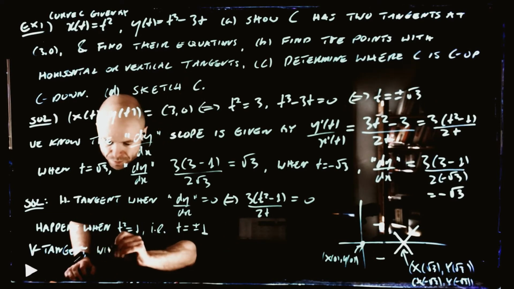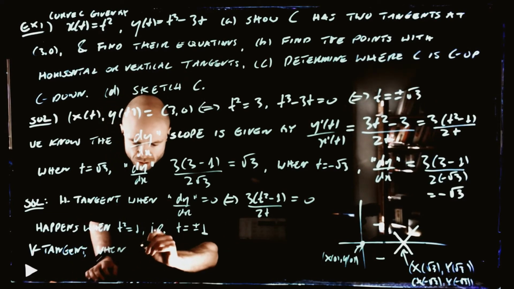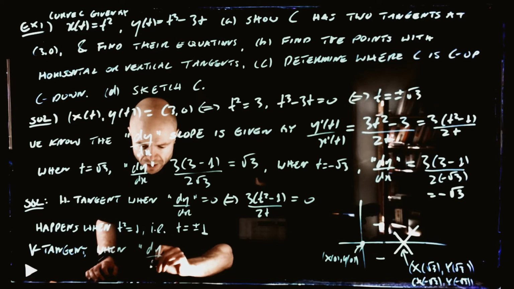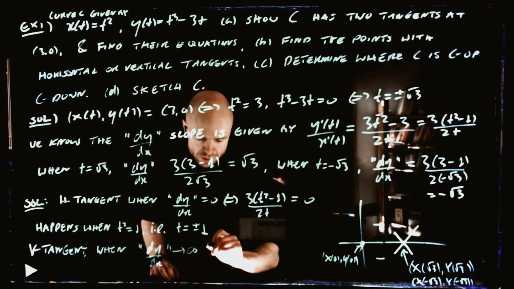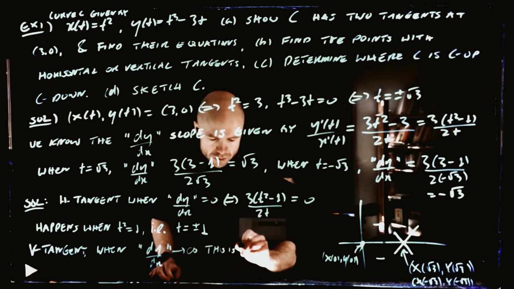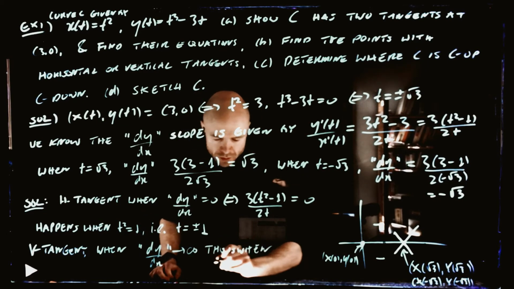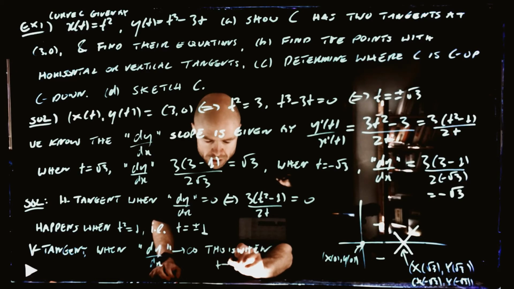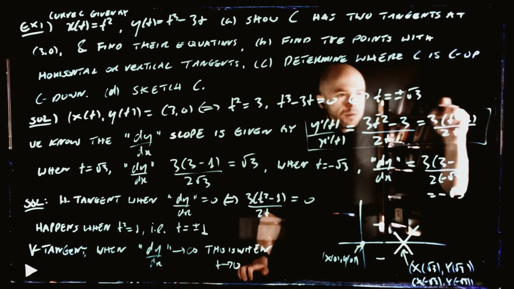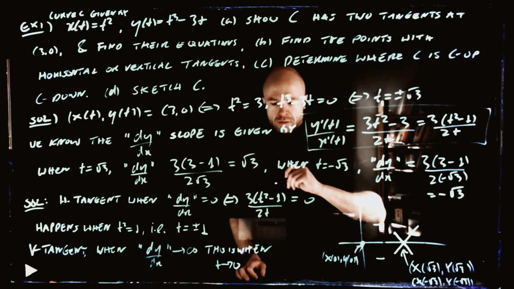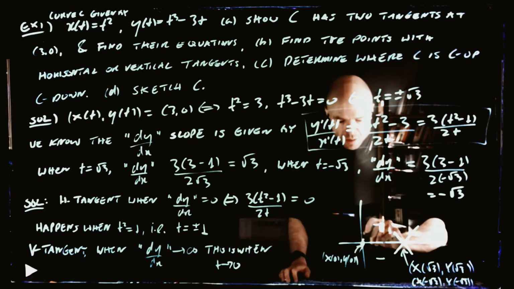So when dy by dx goes to infinity, this is when t goes to 0 because of this expression right here, right?